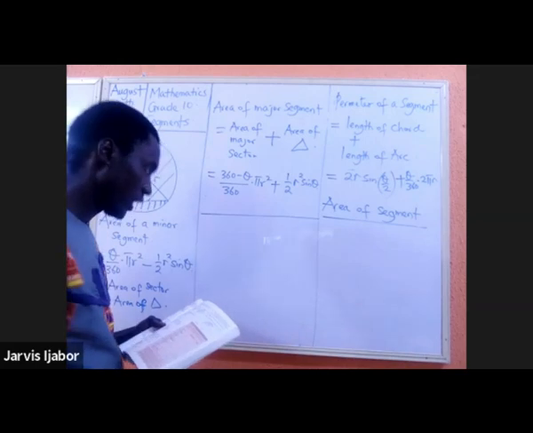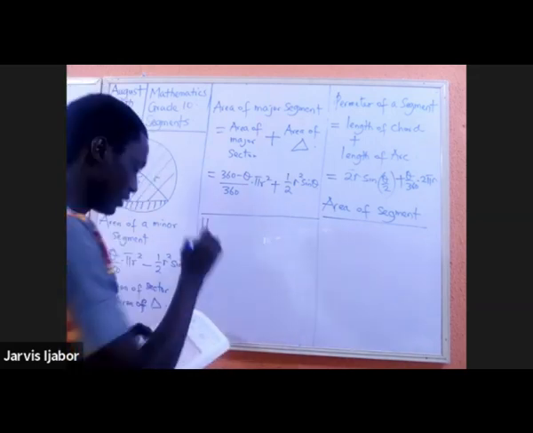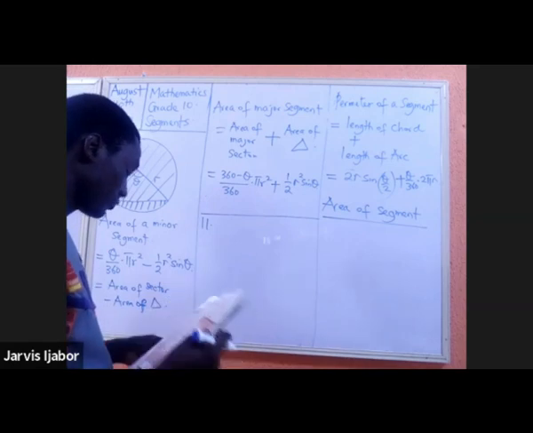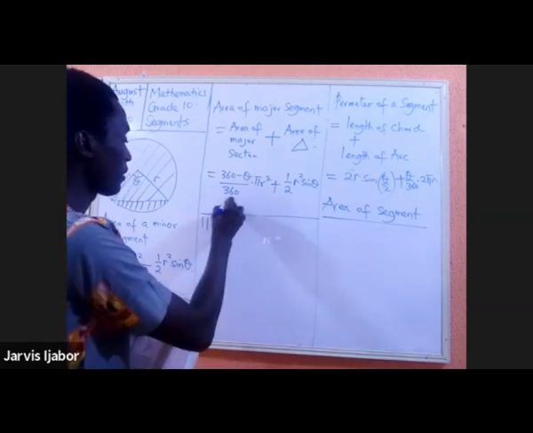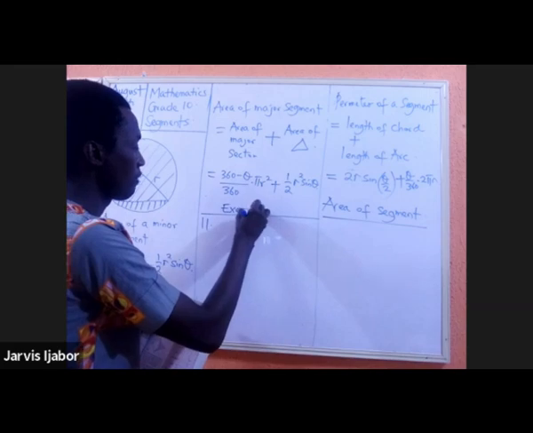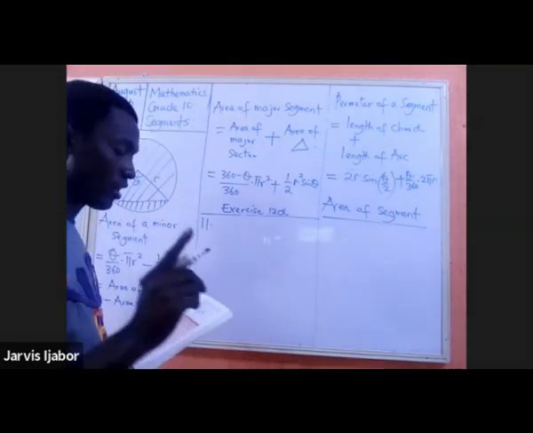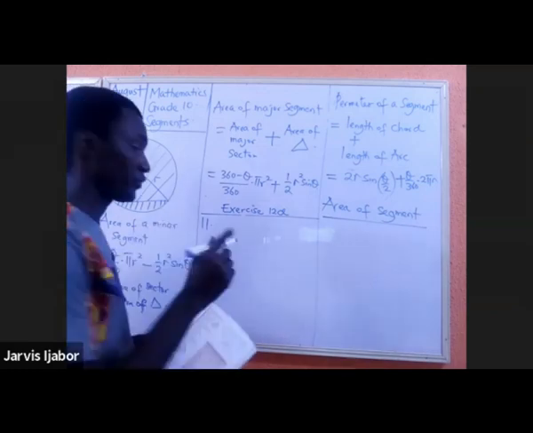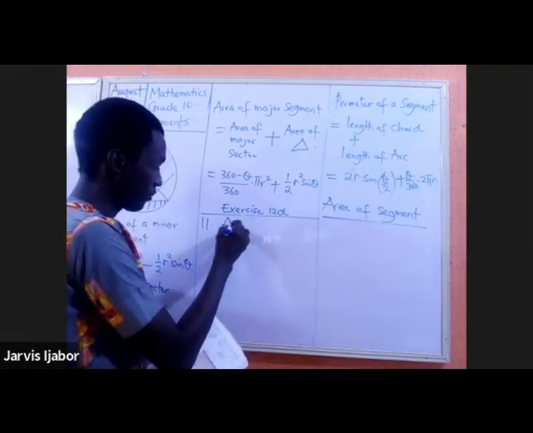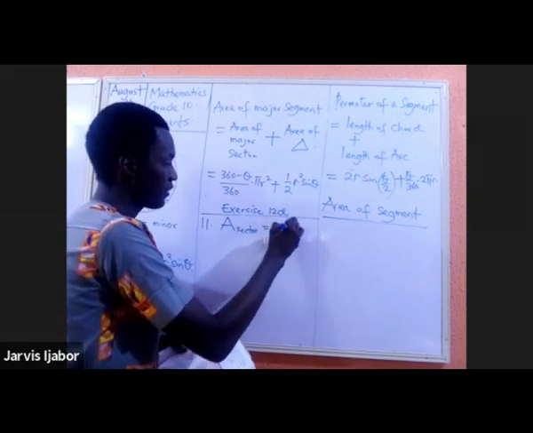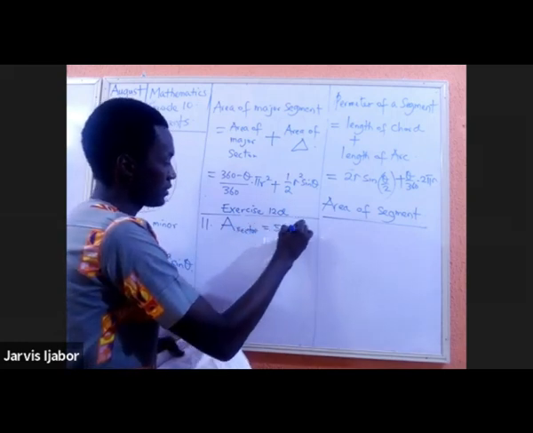Question 11, Exercise 12D. A sector of a circle has an area of 55 centimeters squared.